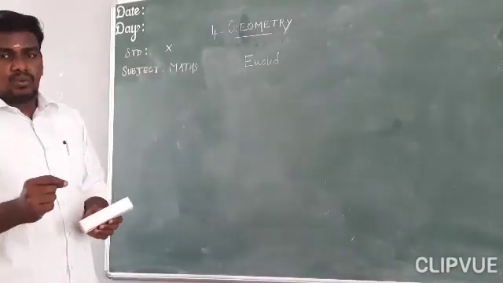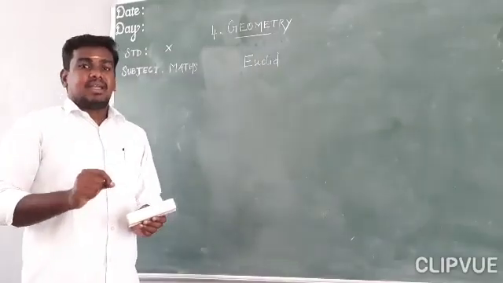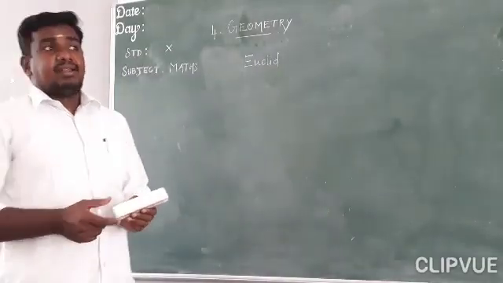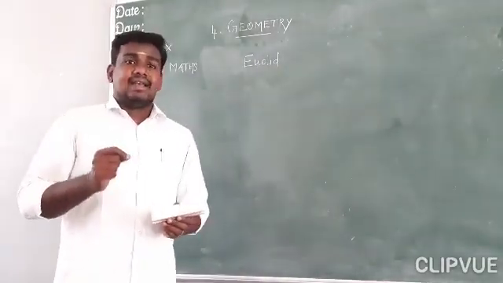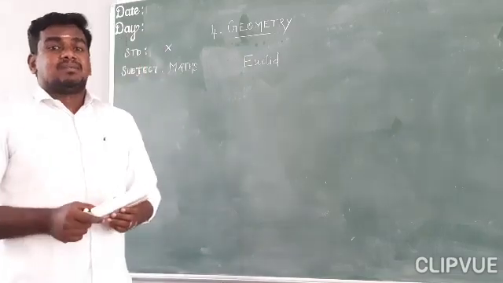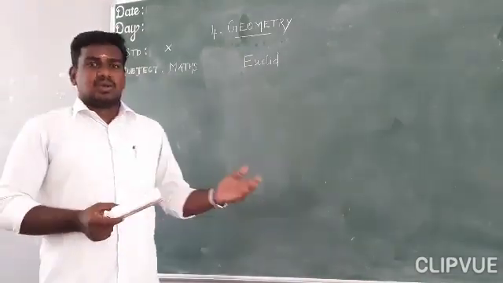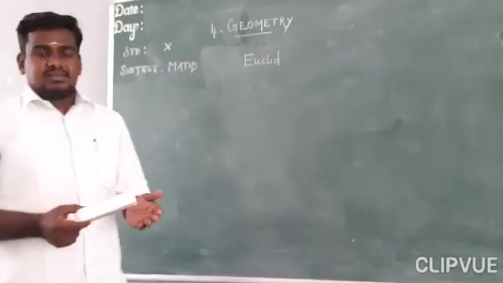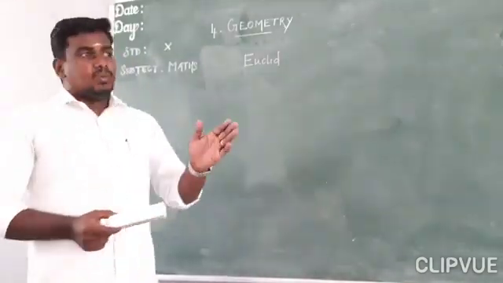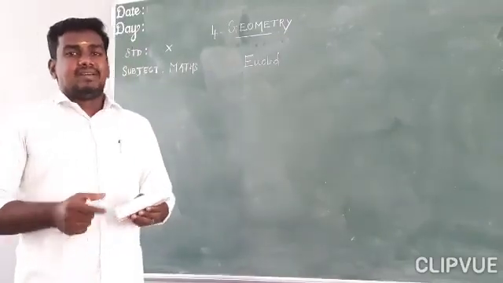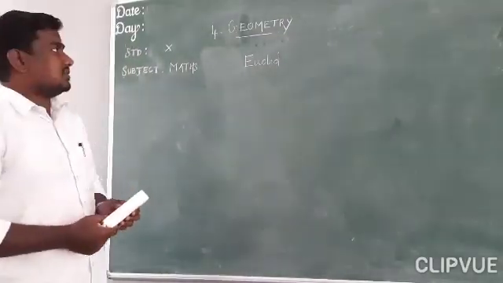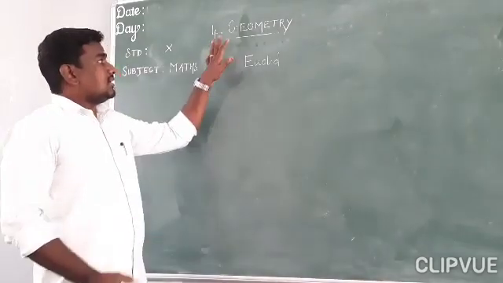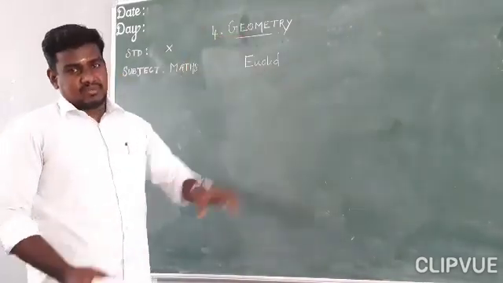It is used to construct mathematical shapes, and to find and identify the properties of mathematical shapes like square, circle, rectangle, whatever it is. So it is used to learn the properties of mathematical shapes. That's why we are going to learn the topic theoretical geometry.